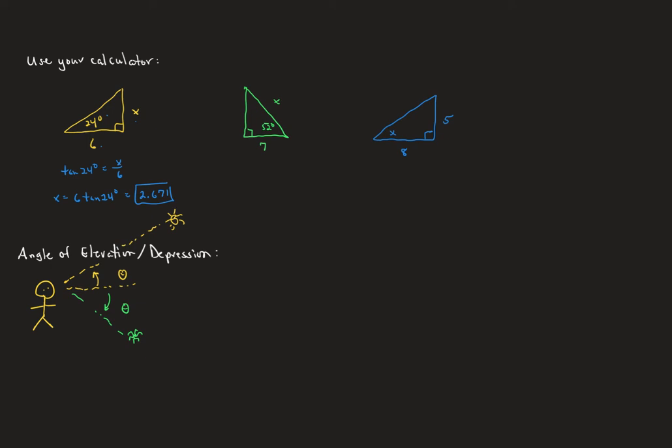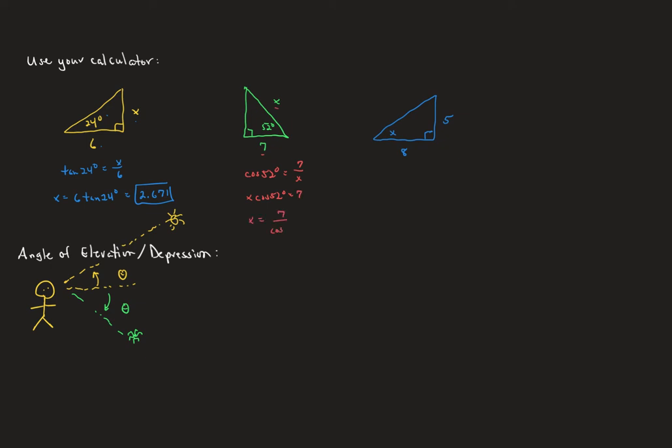In the next one, for that 52-degree angle, 7 is the adjacent side and x is the hypotenuse. So the trig function that connects an adjacent to a hypotenuse is a cosine. So we have the cosine of 52 degrees is the adjacent over the hypotenuse. I'm going to do a little bit of algebra here first. I'm going to think of multiplying that x to the other side and then dividing by the cosine.